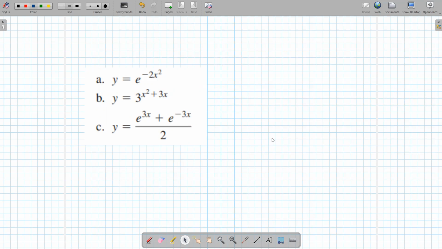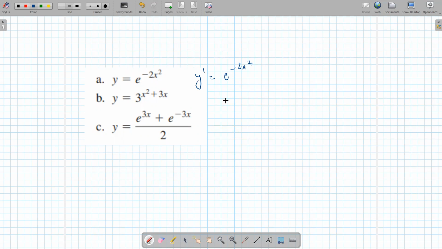What will be the answer to A? It's an e to the power of something. First you write itself, and then what do you multiply by? So for the first one, it's gonna be e to the minus 2x squared. Are we done?